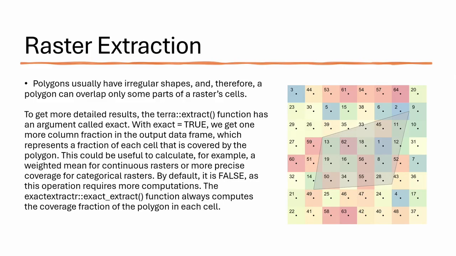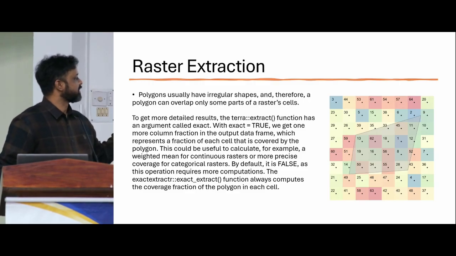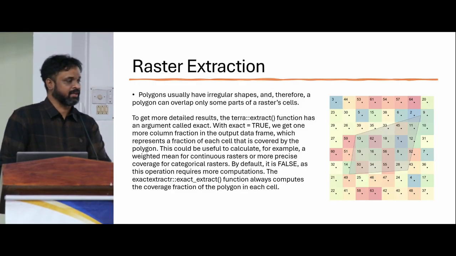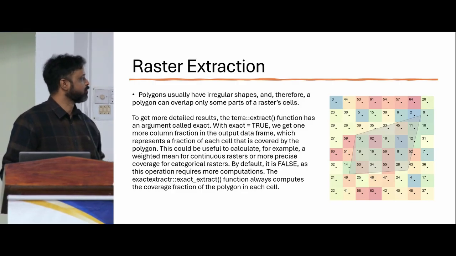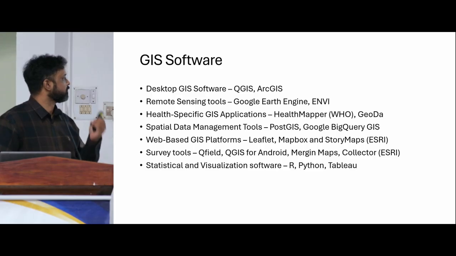Is it okay? Oh, don't worry, I'll show you an example of this. Exact extraction I don't think I have done in the worksheet as of yet, but I'll show you what extraction would look like in that sense.